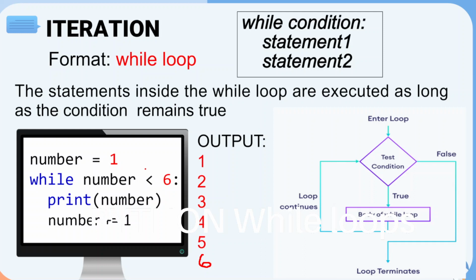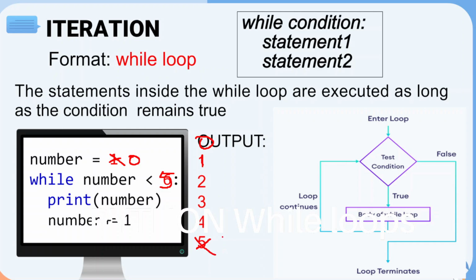But in case the value, let's say this one is 0 and this one is 5, then it will only display starting with 0, 1, 2, 3, 4, but 5 is not included.